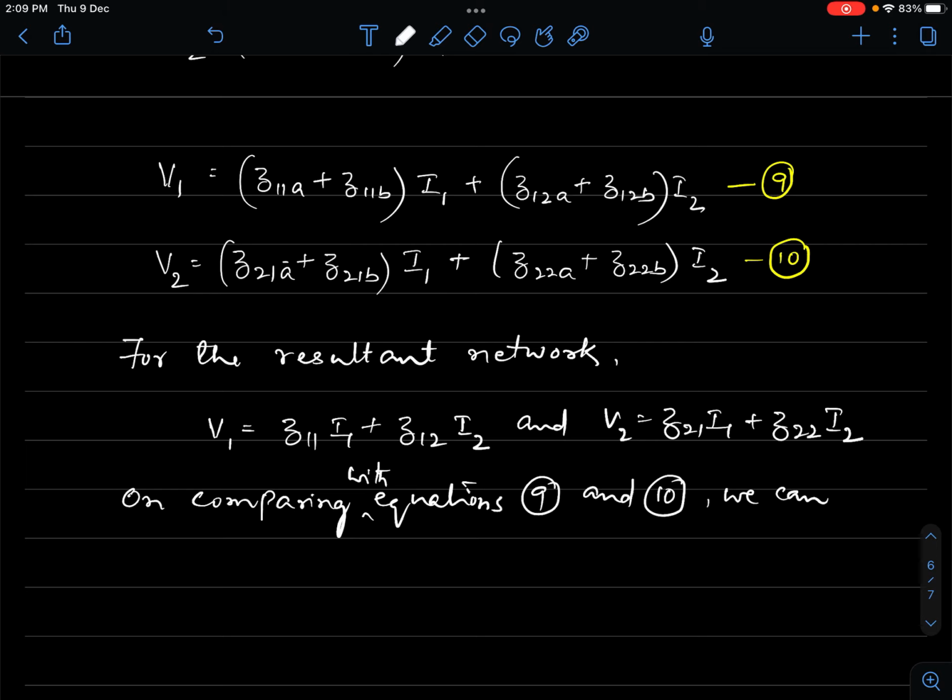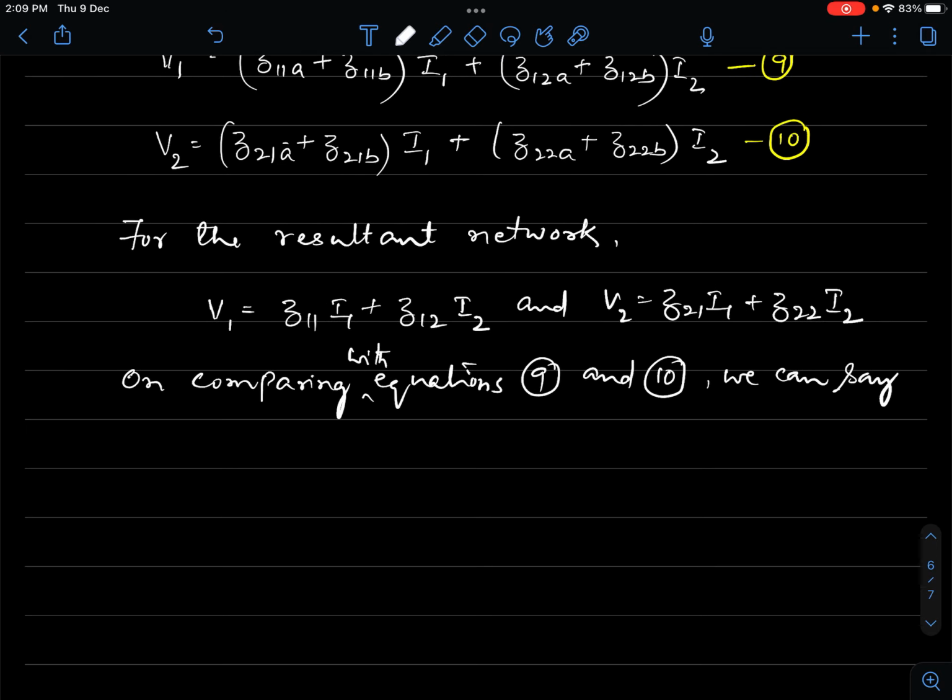We can say that Z11 equal to Z11A plus Z11B, Z21A plus Z21B.